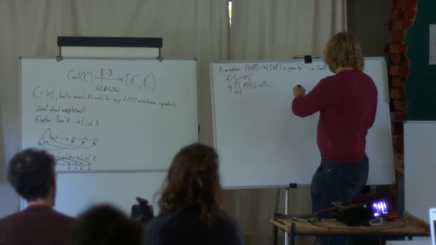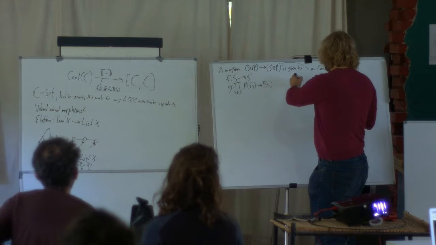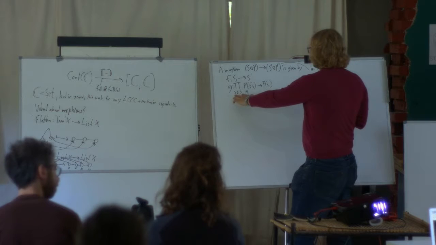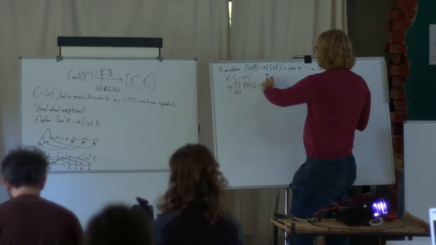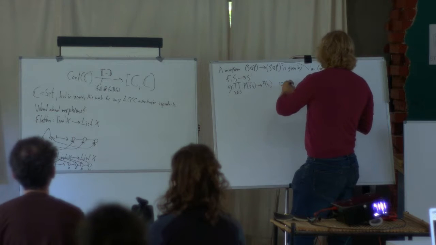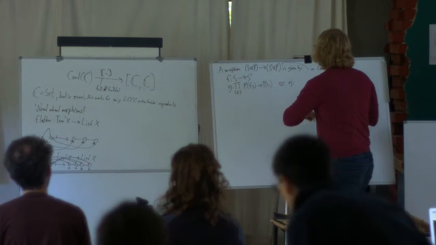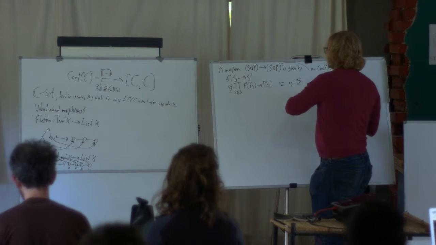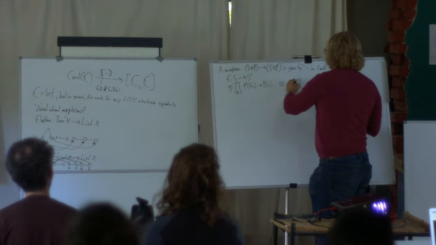And this was the thing that Jules was alluding to the other day, right? So now, to give one of these for every s, this, if you want, is the same as giving something out of the disjoint union, right?